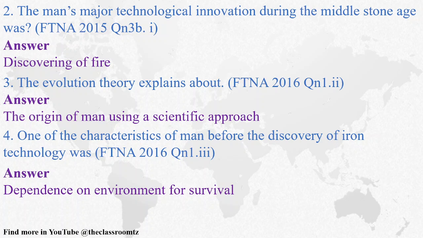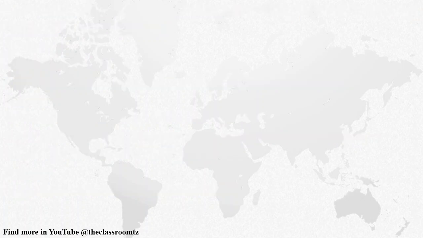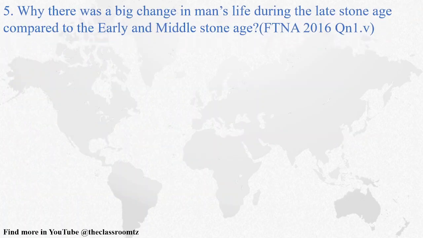Then question number 5. Why was there a big change in man's life during the late Stone Age compared to early and middle Stone Age? That is question number 1, Roman 5. Multiple choices.